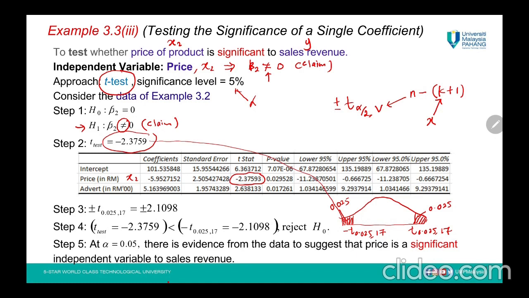It is less than negative t critical value, which means the decision is reject H0. Now we go to step 5. Based on step 4, the decision is reject H0, so we accept the claim. The conclusion is at alpha equal to 0.05, there is evidence from the data to suggest that price is a significant independent variable to sales revenue.